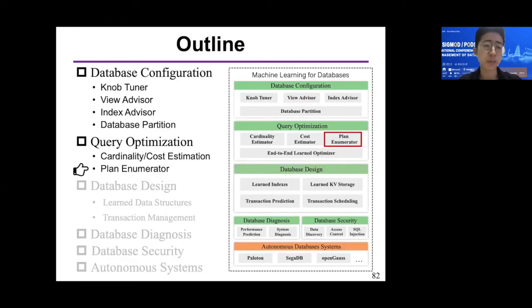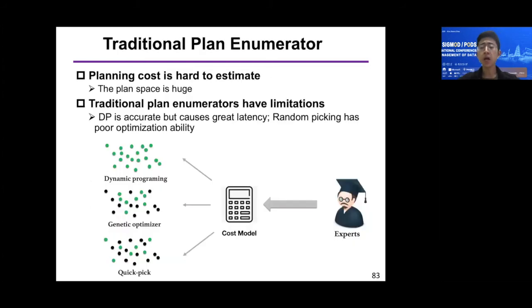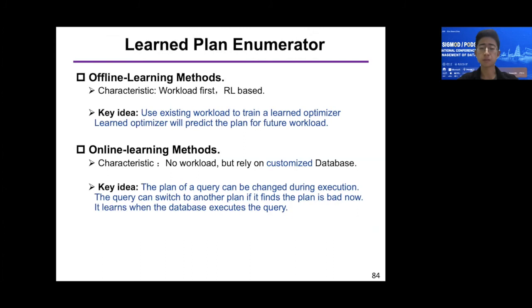Next, I will discuss the plan enumerator. The traditional optimizer just relies on heuristics or dynamic programming to select high-quality query plans, like operator selection and join order selection. However, the plan space is very large. A traditional optimizer cannot give a very high-performance plan within limited time. So there are two kinds of learning-based join order selection methods.